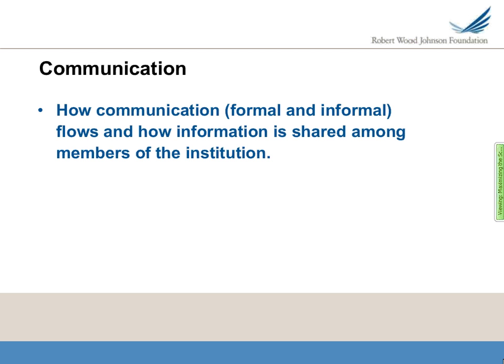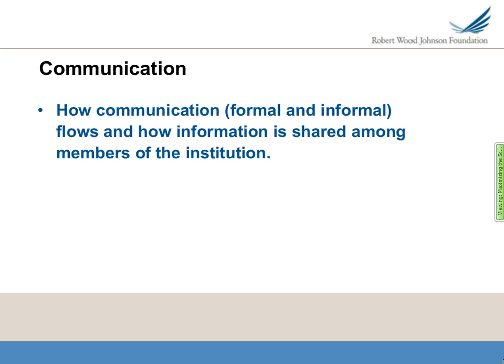And the communication. How is information shared? If something of consequence happens within this institution, is it likely that it's just going to be spread through word of mouth or rumors, or is the chair or the leader of the institution going to come down and say, hey, this is what happened, here are the details, I'm being very transparent, I want everyone to know what's happened, and this is how we're trying to address this?